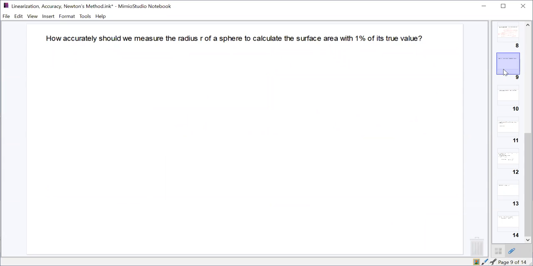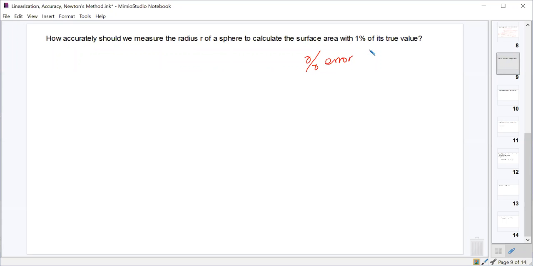So let's suppose we are trying to calculate the surface area of a sphere to within 1% of the value that it actually has. That would mean that we want our percentage error to be less than 1%, right?